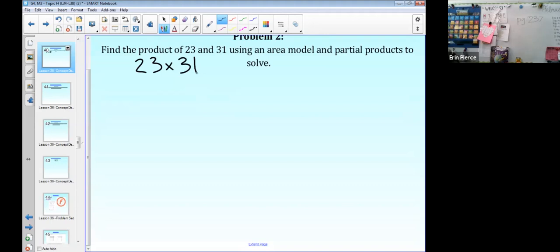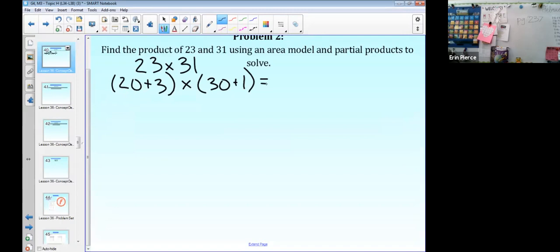Lucas, 20 plus 3, I'm sorry. I want that to look perfect so you don't get confused. 20 plus 3 times 30 plus 1. Perfect. Equals, and then we'll fill that in.